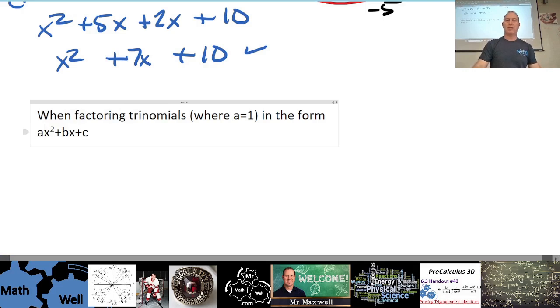So in this form, where a is 1, that's going to be important. That's all the examples we're doing though.